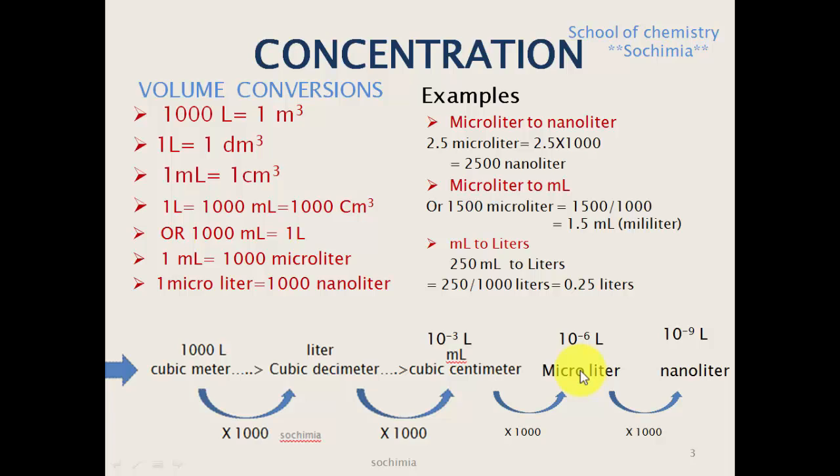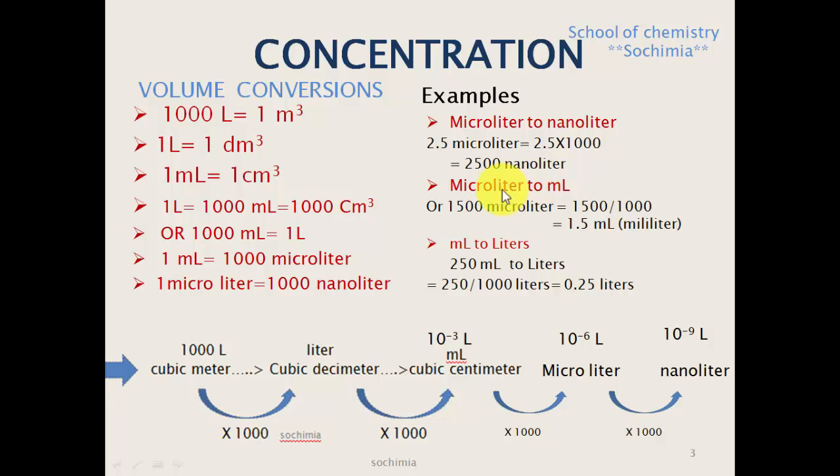So whenever you convert a bigger unit into a smaller unit, for that conversion you need to multiply by 1000. Here 2.5 microliters is the given volume, and 2.5 multiplied by 1000 will give you 2500 nanoliters, and this 2500 nanoliter is the volume we are getting from 2.5 microliter. So microliter to nanoliter you need to multiply by 1000.